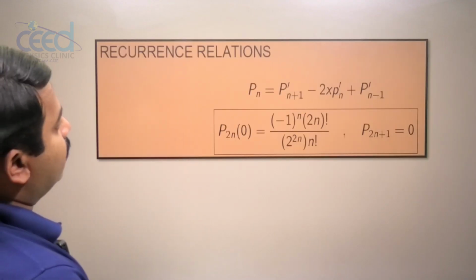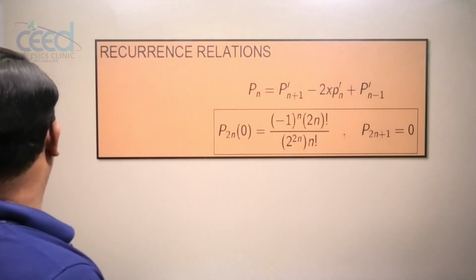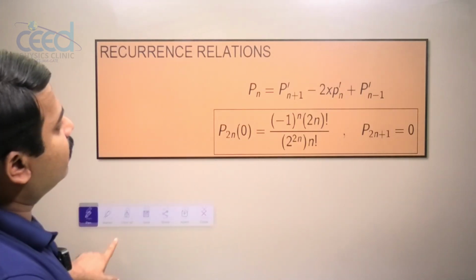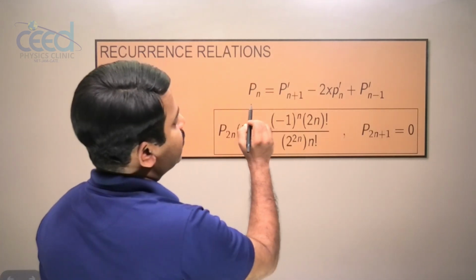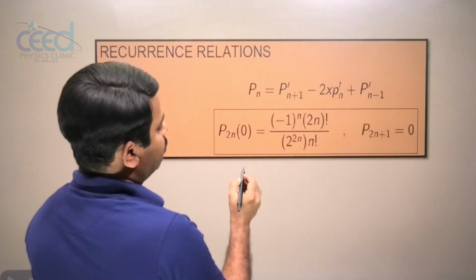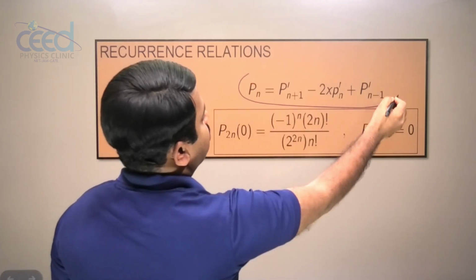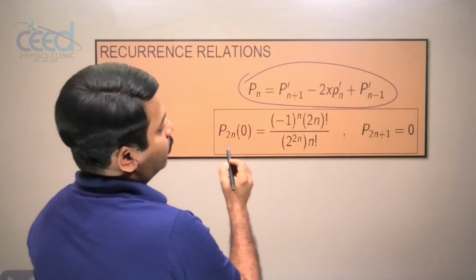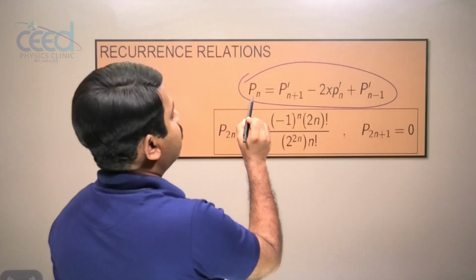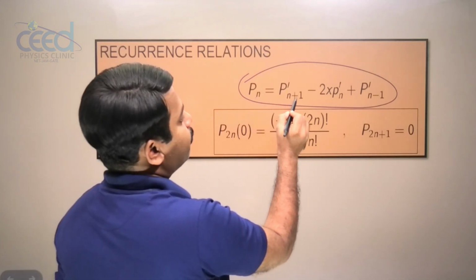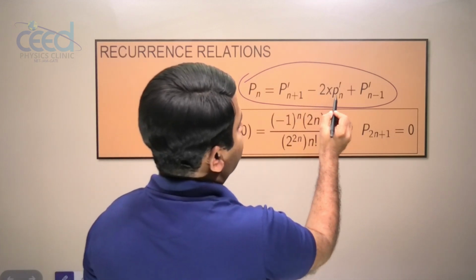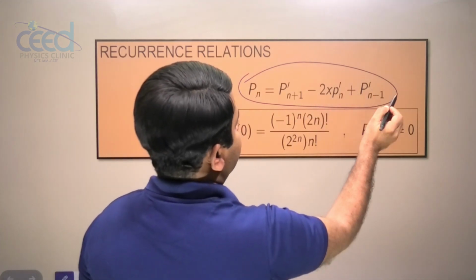Now recurrence relations, this also we can prove. This is one of the recurrence relations, and there is another. Pn of x equals P dash n plus 1 minus 2x P dash n plus P dash n minus 1.